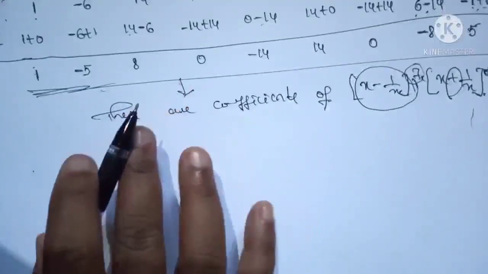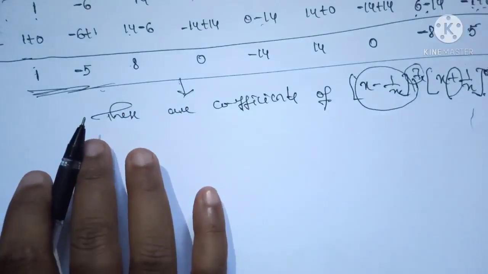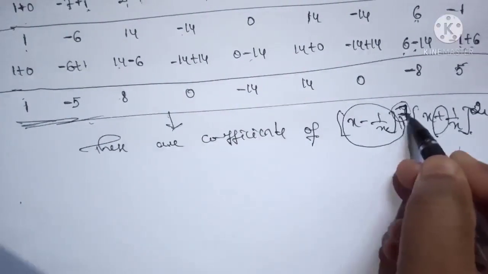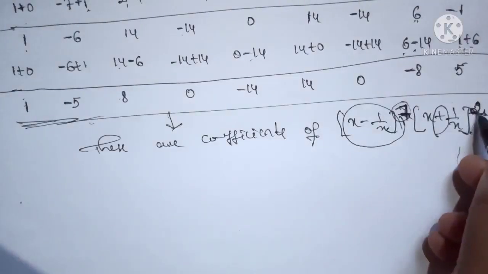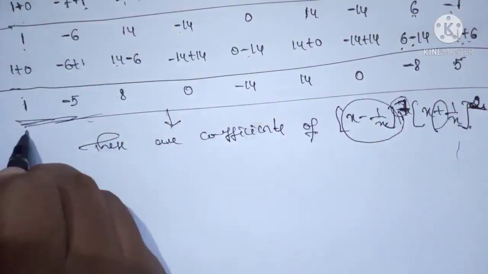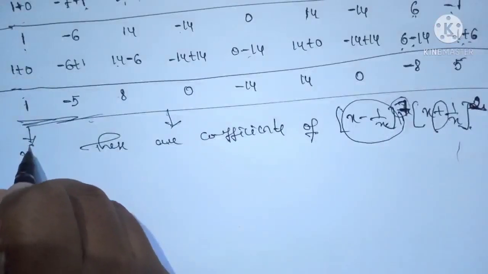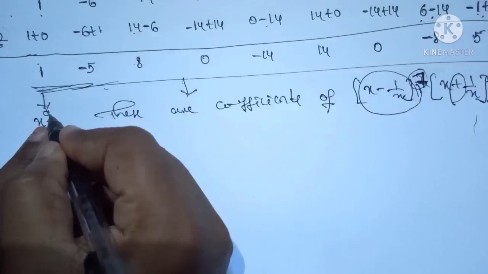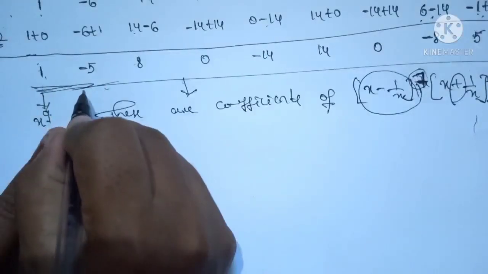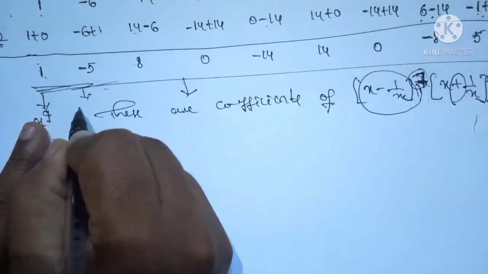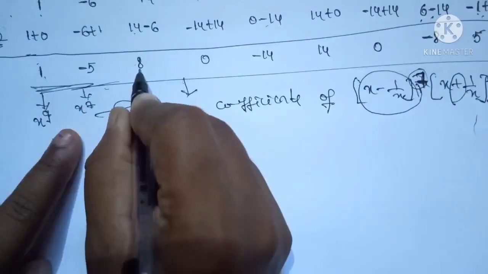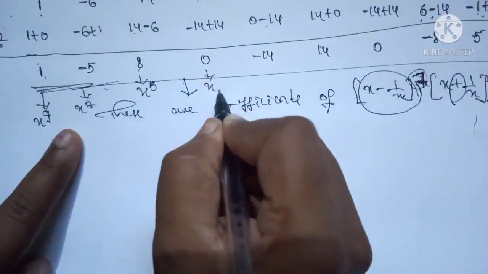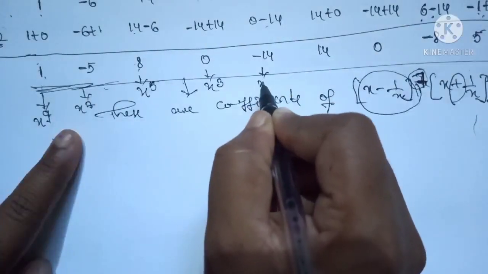Now, how we have to consider these coefficients: you add these powers, 7 plus 2 equals 9. So that means we start with x power 9, x power 9 into 1. Then go on decreasing by 2: x power 7, x power 5, x power 3, x power 1.